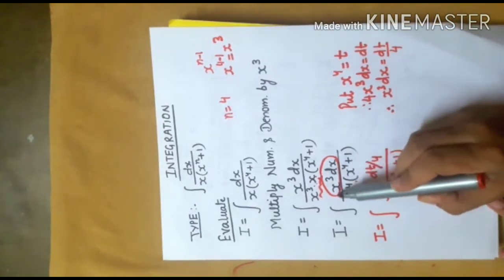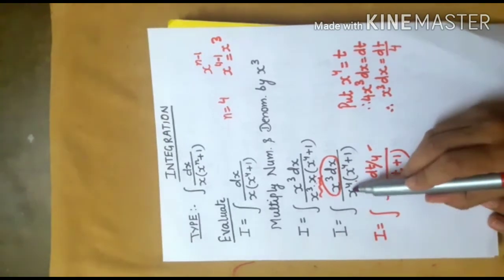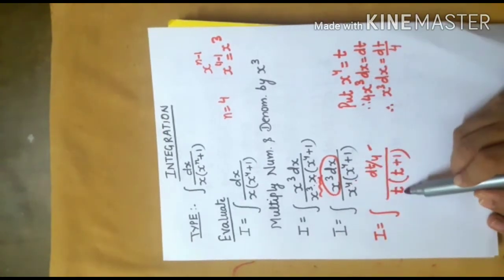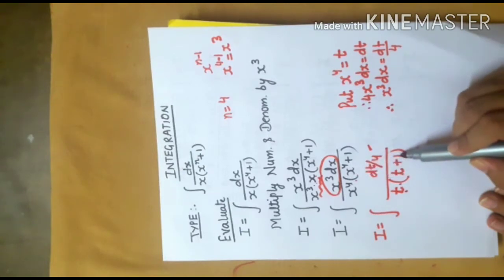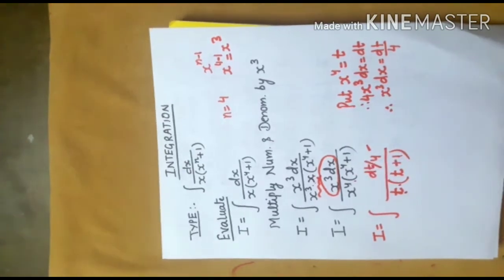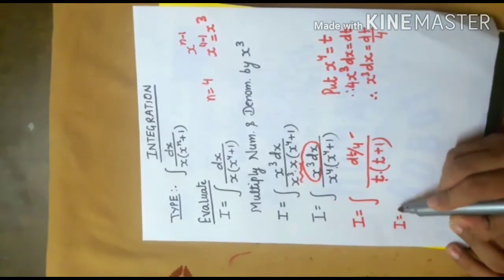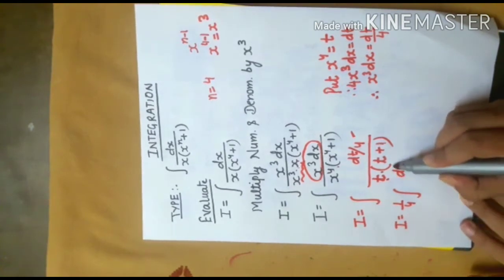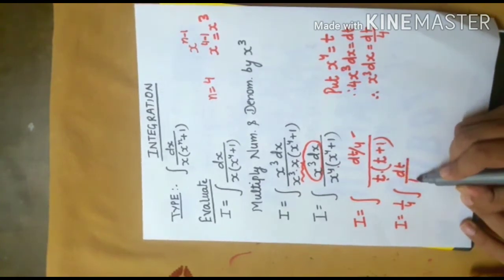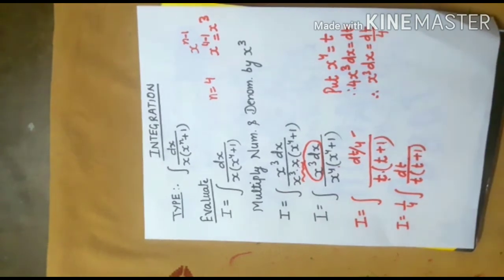In place of this, I'll write dt by 4, and x raised to the power 4 is t into t plus 1. This 1 by 4 I'll take outside the operator because it is a constant. I'll get integral dt over t into t plus 1.